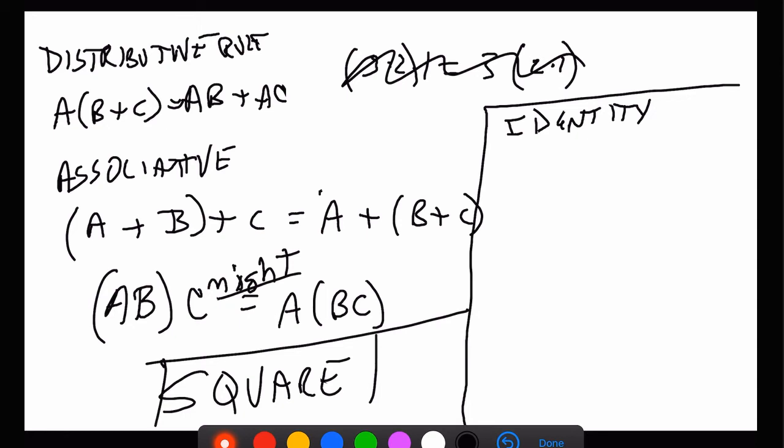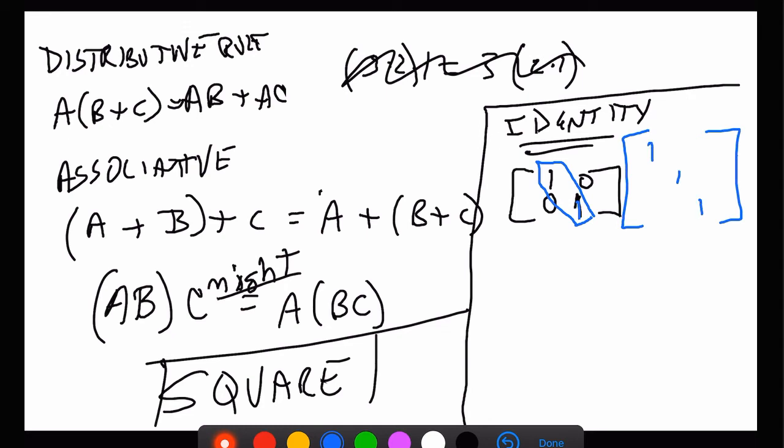So an identity matrix is a matrix that has ones on the principal diagonal and zeros everywhere else, right?